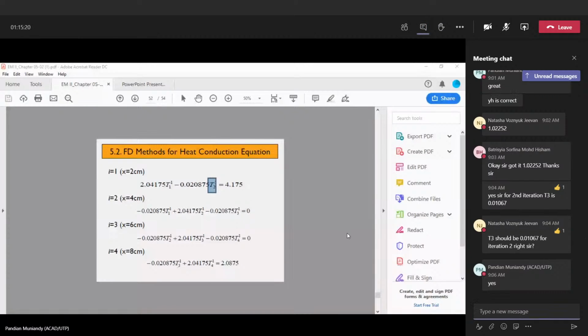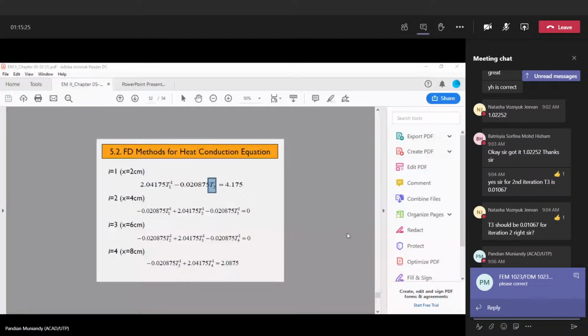Okay, do it again. Yes, you are right. So do it again. 2.0875 plus 0.020875 multiplied by 0.01067. So what is the answer? Divided by 2.04175. Yes. You are right, Patricia.